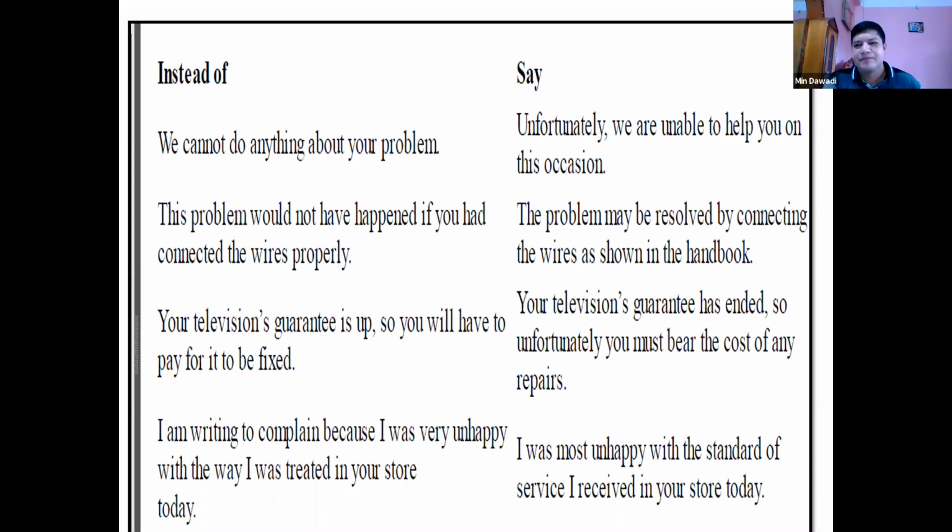The meaning is the same, but the tone is positive. See the attitude, see the tone. You will not get goods until Friday is negative. So you will get goods on Friday.